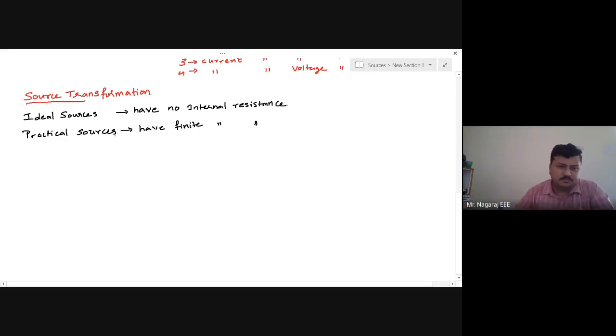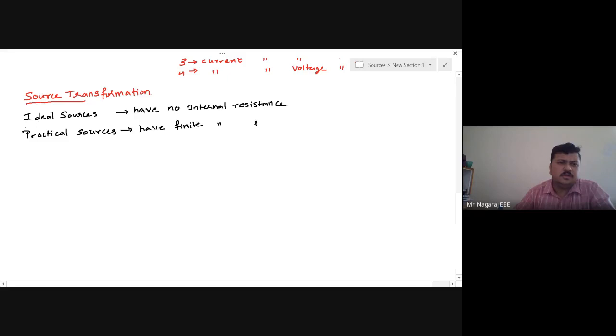Every electrical component has some electrical resistance in it. Even if I use the finest conductor, it has at least milliohms or microohms of resistance. So that makes every component practical but not ideal.